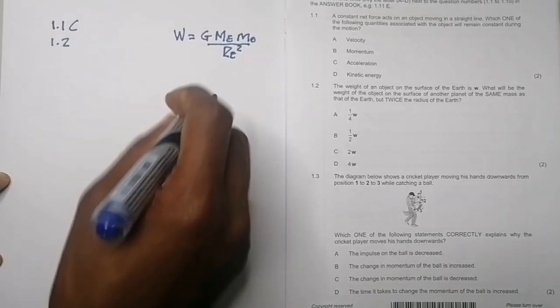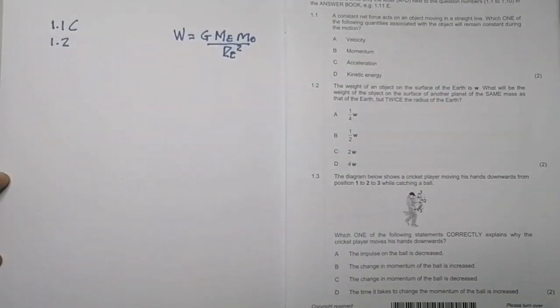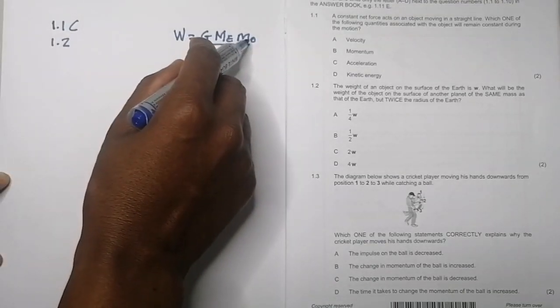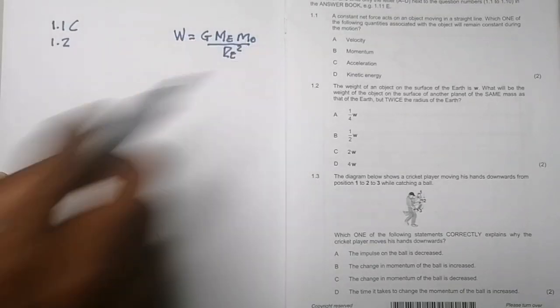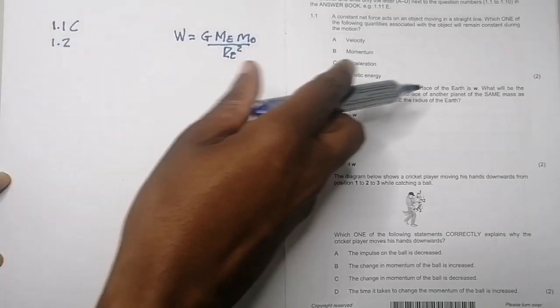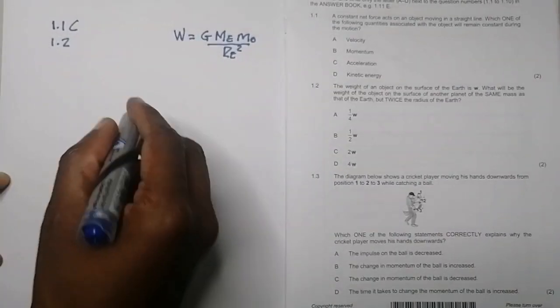So in this case, if I take that same object, remember the mass of the object remains constant, right? They did say the planet has got the same mass as that of the Earth.